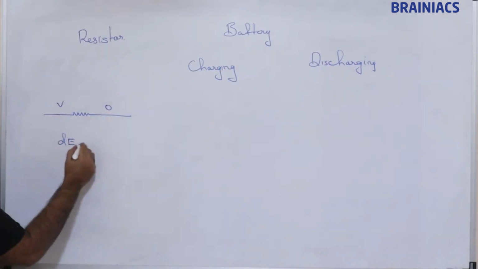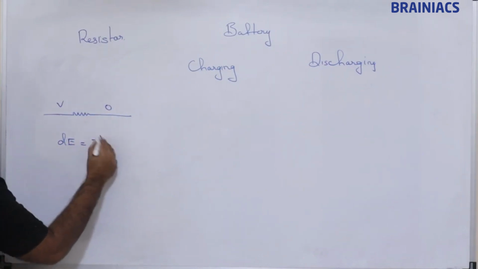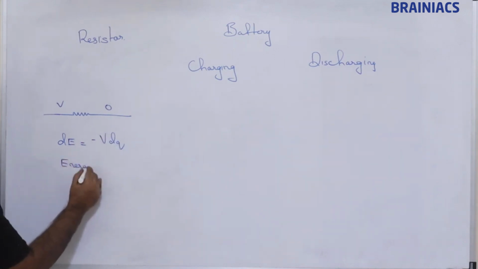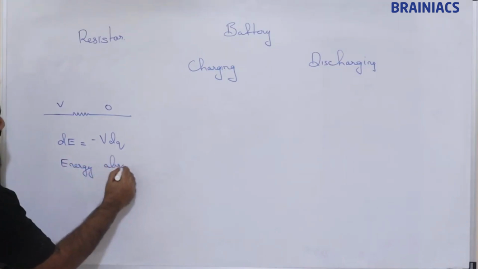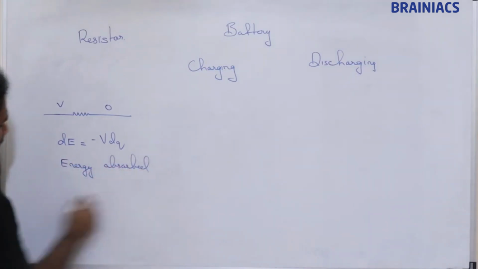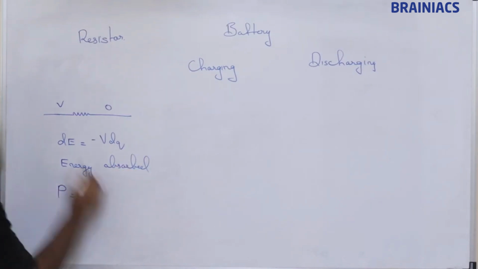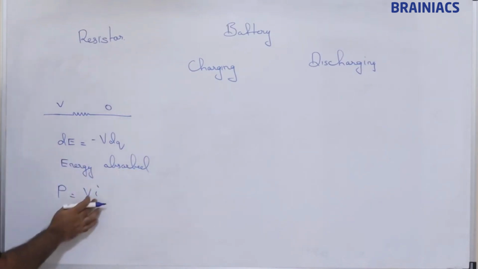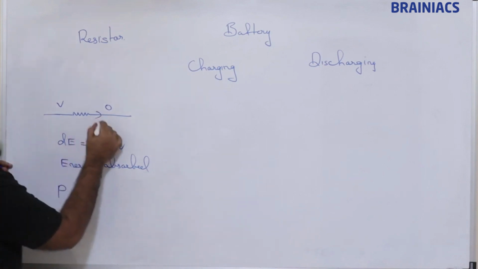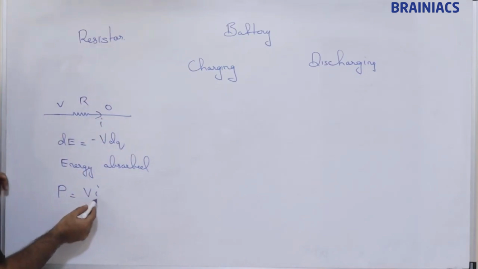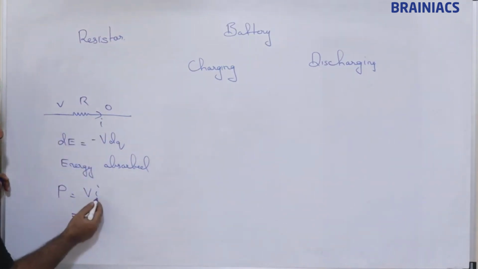So the energy absorbed is minus V dq, and power P is equal to Vi. If current I is passing and the resistance is R, then I is equal to V by R.